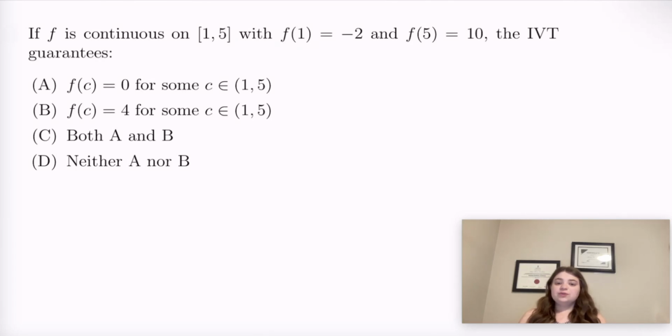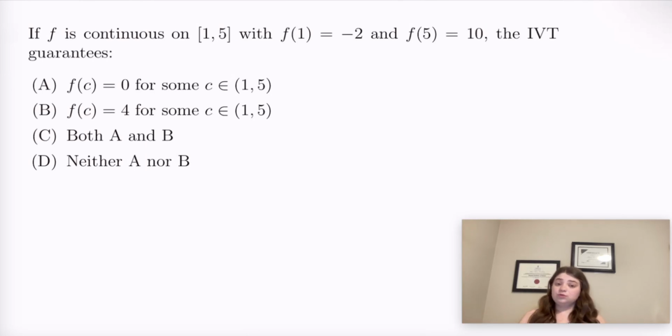If f is continuous on 1 comma 5, with f of 1 being -2 and f of 5 being 10, the intermediate value theorem guarantees, let's see, A says it guarantees that f of c equals 0 for some value from 1 to 5.